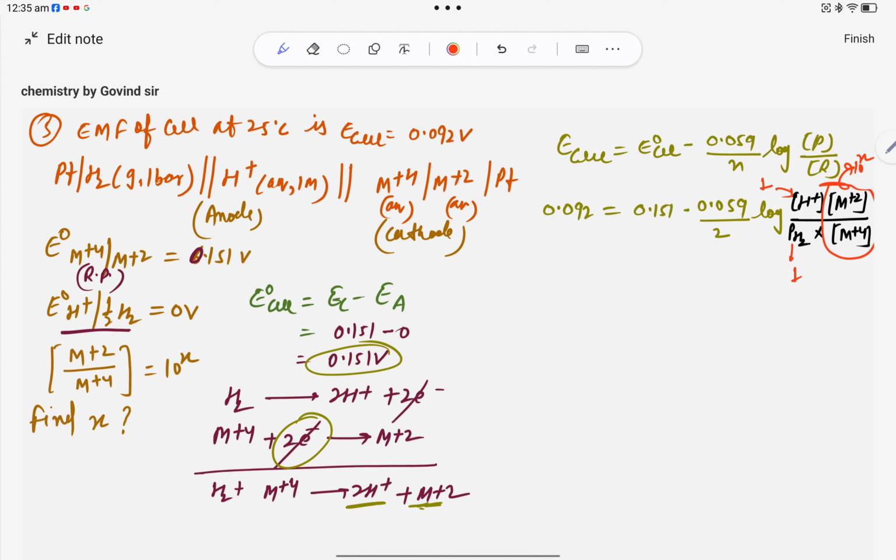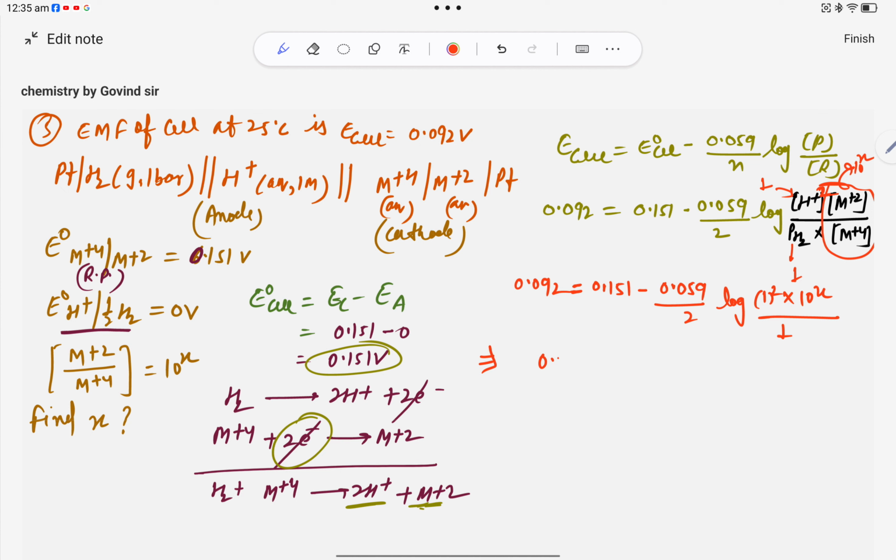Check it now. 0.092 is equal to 0.151 minus 0.059 by 2 log of 1 square, so 1 square means nothing, 1 square into 10 to the power x upon 1. Solve it.